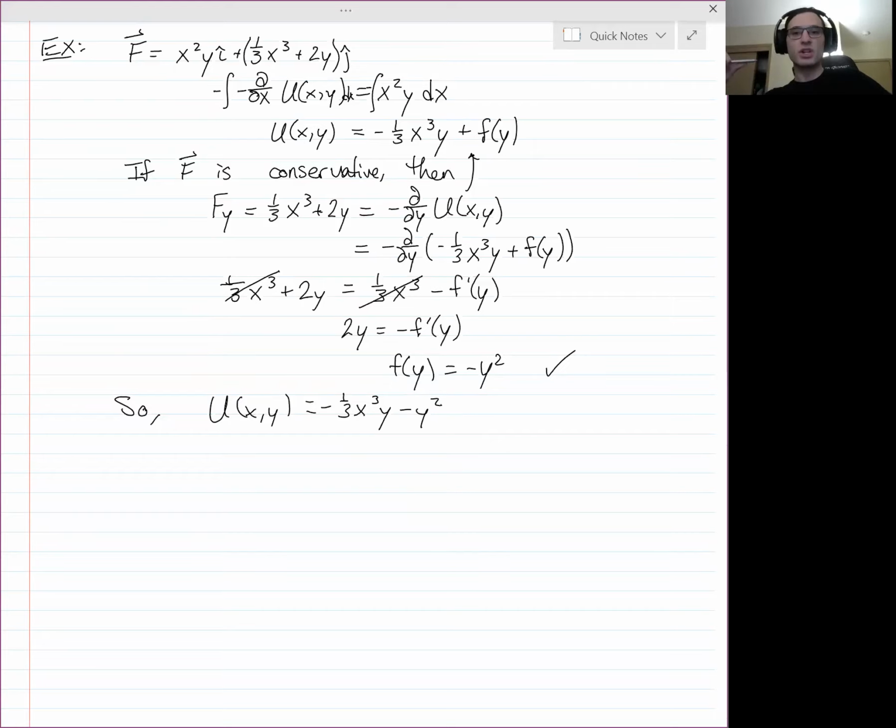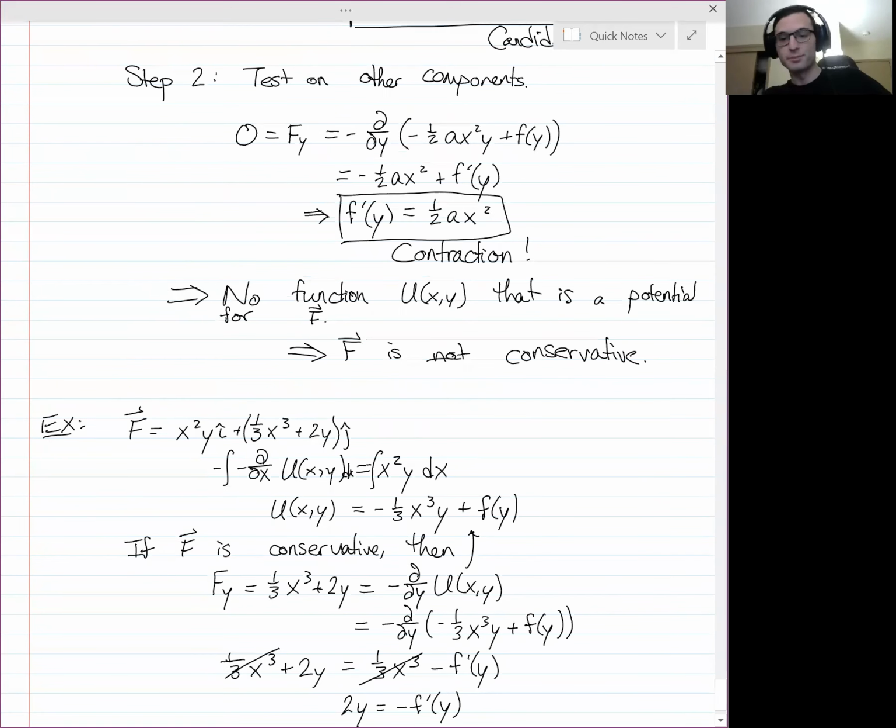And so because you can go from the force to a candidate potential energy function, your candidate potential energy function has to satisfy all those constraints still. It automatically satisfies the constraint for one of them because that's how you got it to begin with. But it also has to satisfy the others.